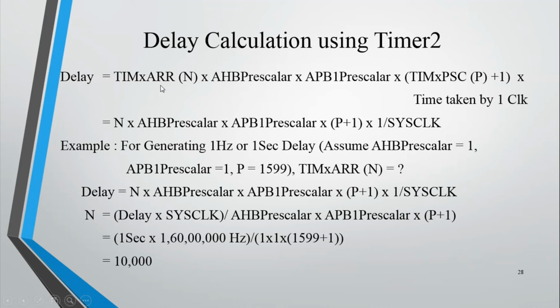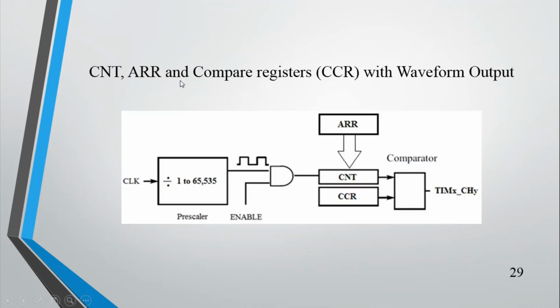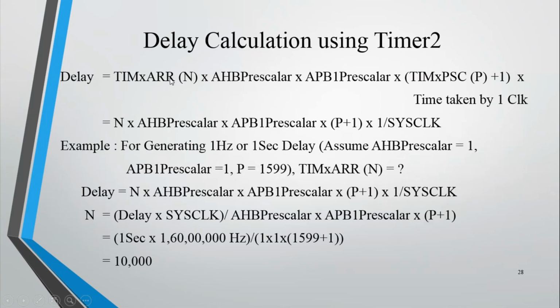So if you are writing this value as 10, what will happen? 10 times the counter will increment. So the total value will be 10 into time taken for one clock. That will be your actual delay when you are counting from 0 to the n value. In addition to that, these three prescalers also will be multiplied: AHB prescaler, APB1 prescaler, and timer prescaler.